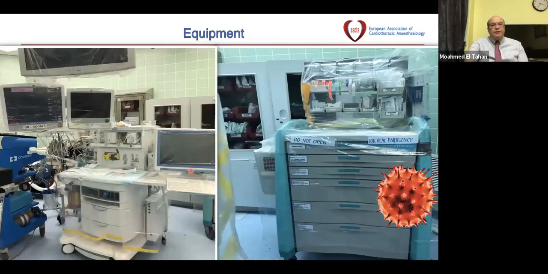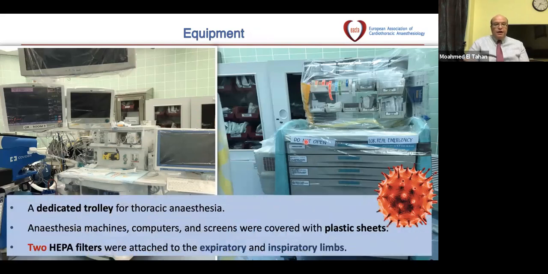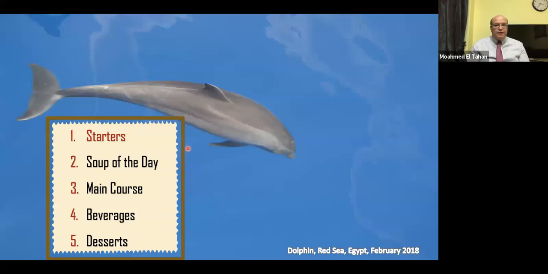Here is an example of covering everything inside the room, including anesthesia machine, monitors, screens, computers, and even the car with plastic disposable sheets. A dedicated trolley, as you can see, for thoracic anesthesia, and the 2 HEPA filters should be attached to both inspiratory and expiratory limbs of the breathing circuit.